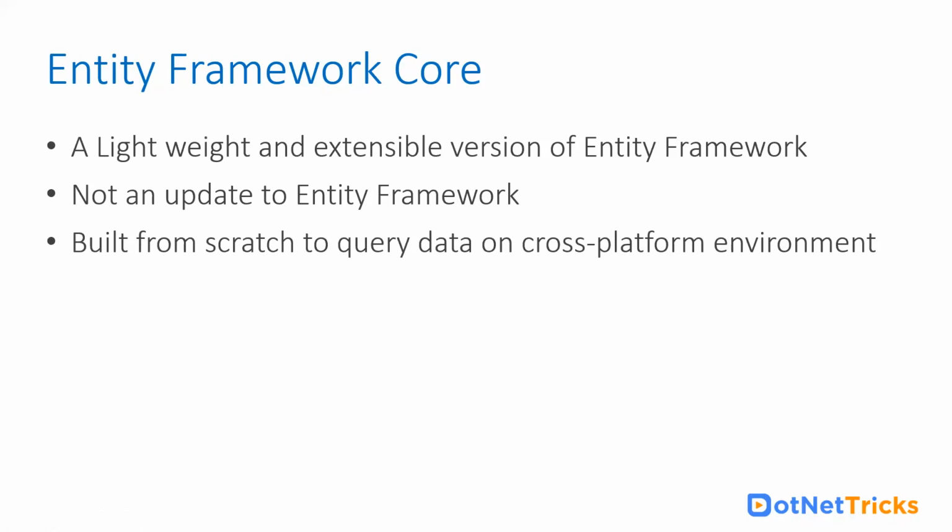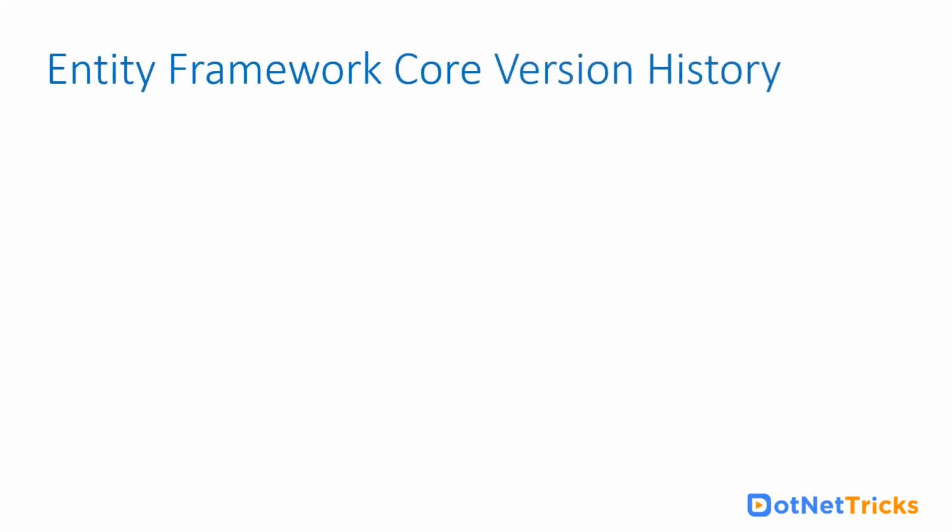Entity Framework Core follows the same style, but it is better in terms of performance, and it is also cross-platform. They built it from scratch so that it works in a cross-platform environment. It is also open source. The source code is available on GitHub, and you can access it from there.